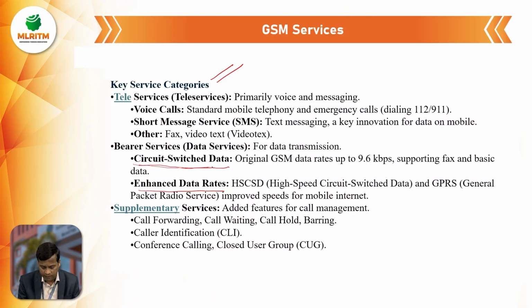First is circuit switched data: the original GSM data rate up to 9.6 kbps, supporting fax and basic data. And the next one is enhanced data rates: high speed circuit switched data and GPRS, with improved speeds for mobile internet. For that, we say enhanced data rates.